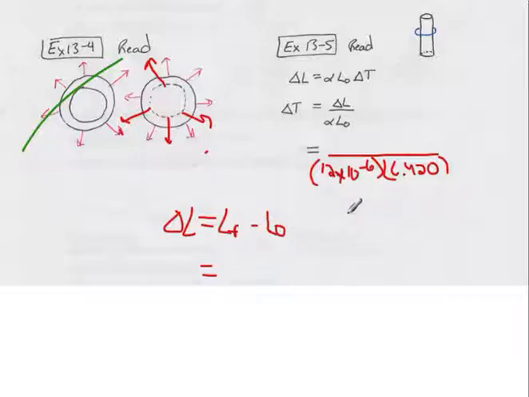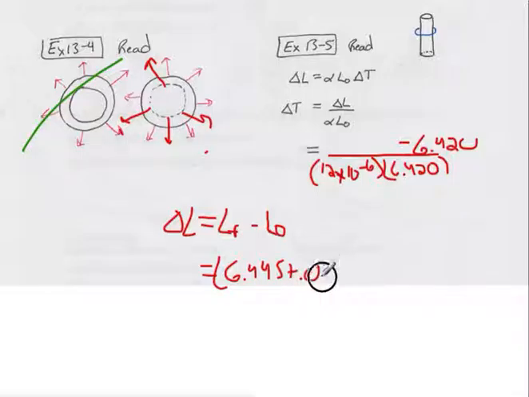That's just the diameter of the ring, so we can put that in. So minus 6.420. We had that down here too. The final one that we want is the rod plus the space we need, remember? So that's going to be 6.445, and we also need that little bit of space.